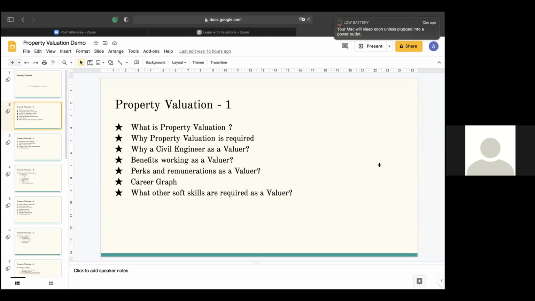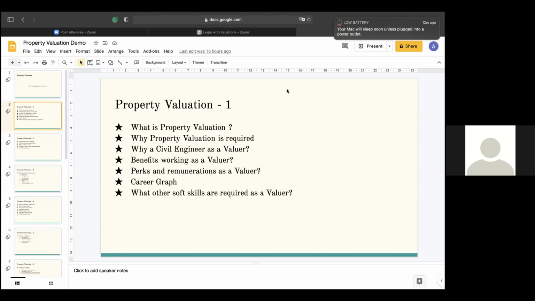Here is one more question. Please. Actually, I think IEI, the Institution of Engineers India, provides a chartered engineer certificate. Is that eligible for valuation?